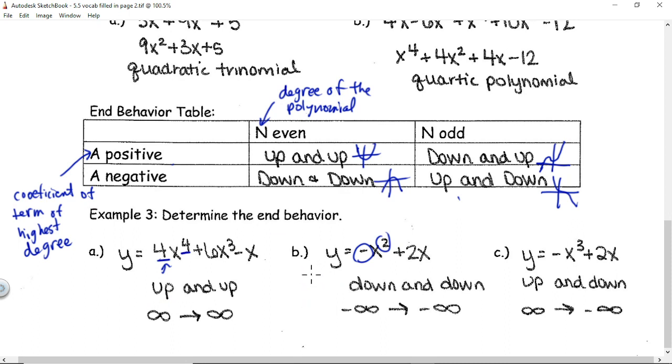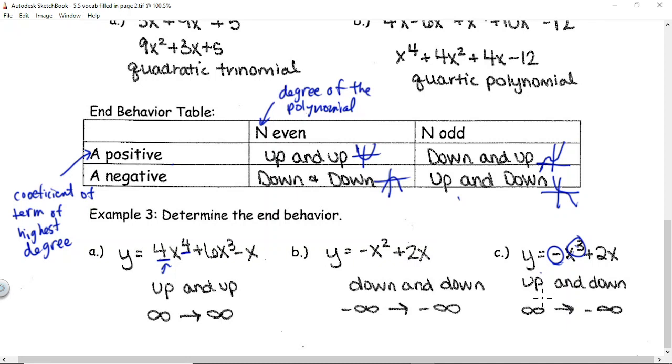Okay, one more. And this time a is negative and n is odd. Negative and odd, that's this case right here: up and down. So you can just write up and down if asked to describe the end behavior.